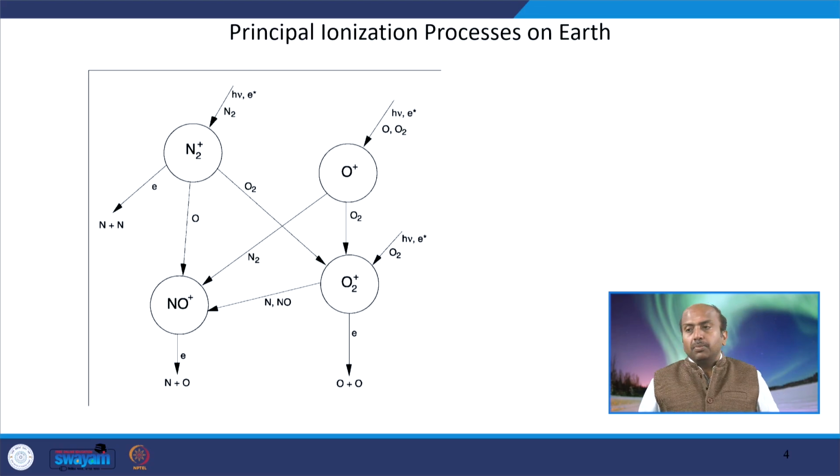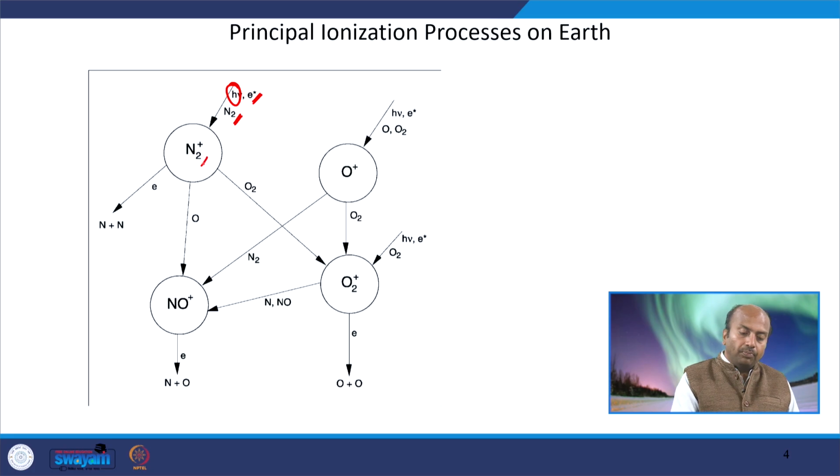And these are the principal ionization processes in the Earth's ionosphere. You see all the different types of ions which can exist, what processes result in the formation of these ions, and how these ions exchange or reorganize to form different types of ions. So, the principal ionization processes: nitrogen with a photon releasing an electron will form N2 plus.